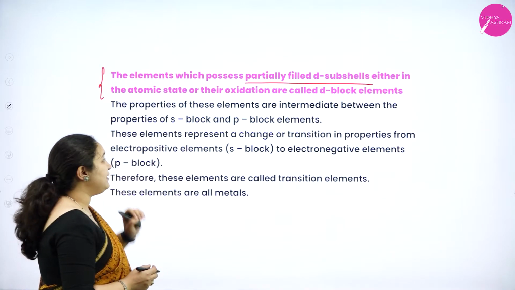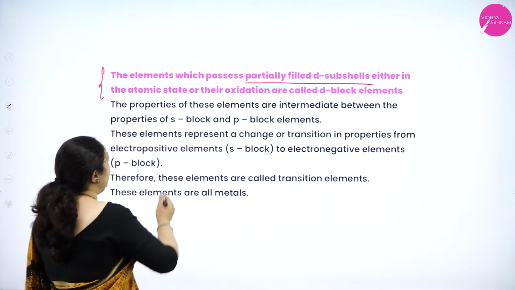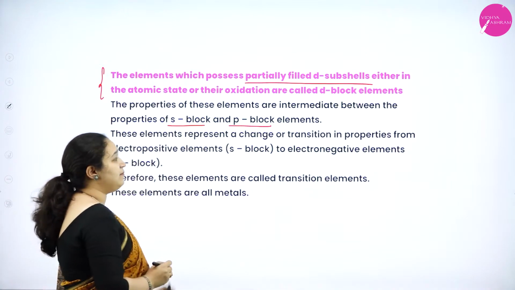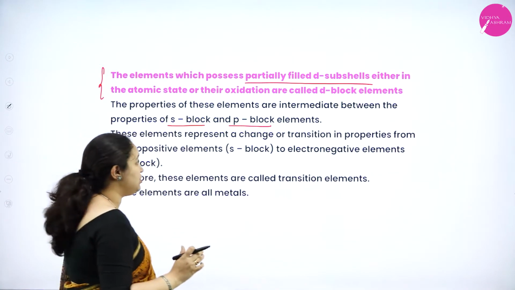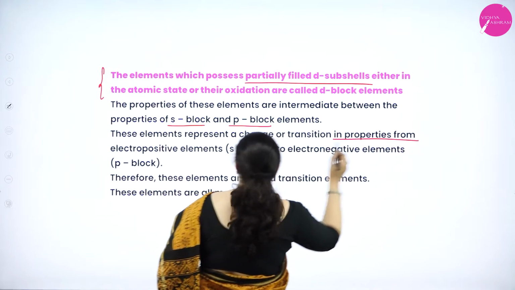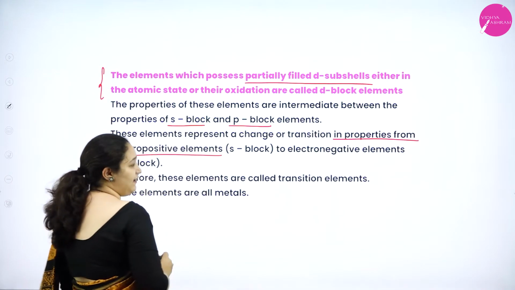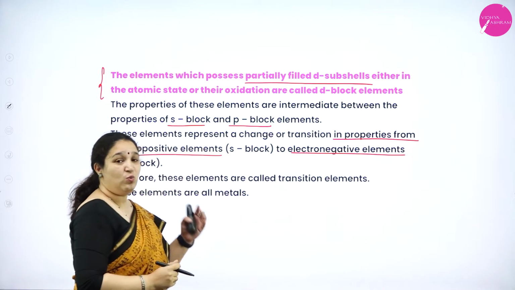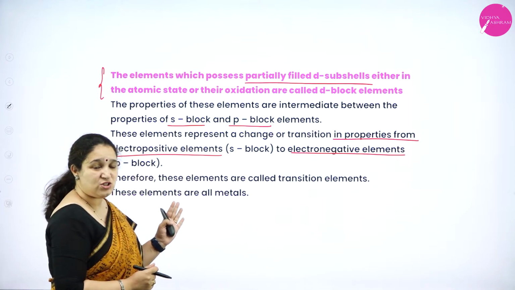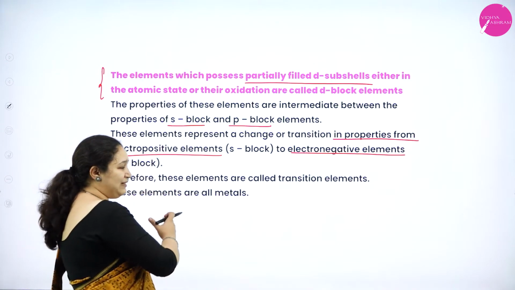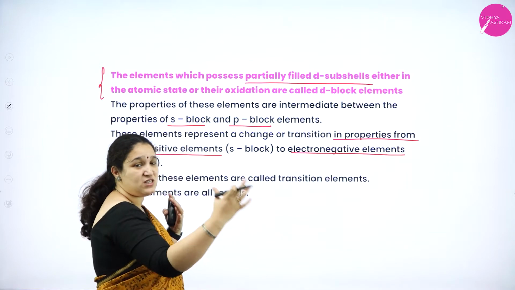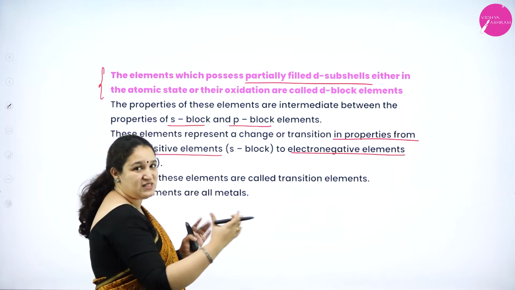Now the properties are intermediate between the s block and the p block elements, and these elements represent the transition in properties from electropositive elements to electronegative elements. I told you one thing why they are called transition metals: because from metals to non-metals, when it is changing in the periodic table, there is a transition which is happening, then we get these elements.